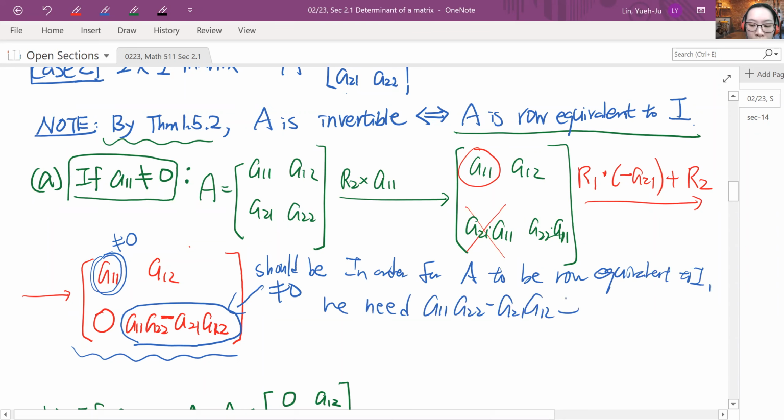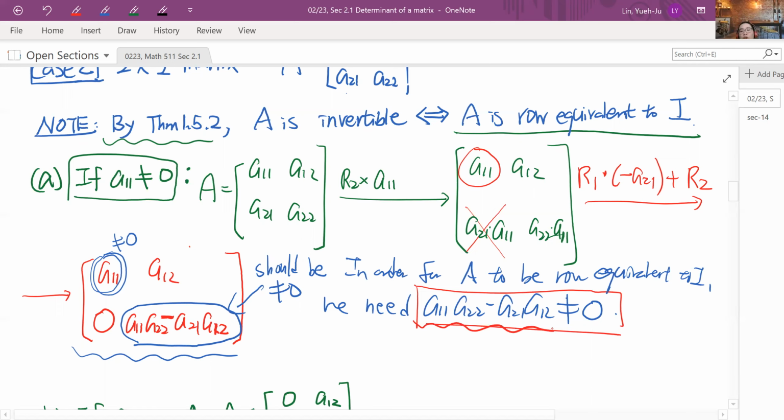And in a minute, you're going to see that this number is the formula that we're going to need for determinant A.